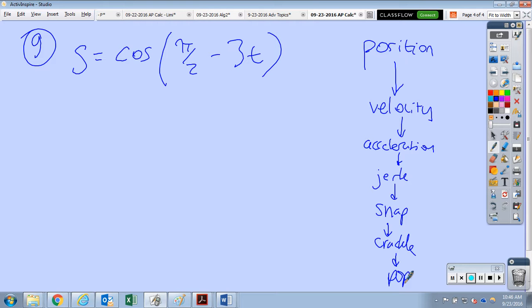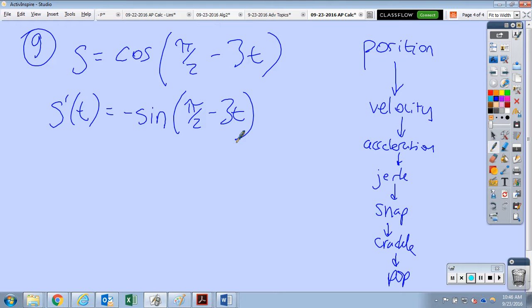So anyway, we're not going to go that far, but the derivative of this would give you velocity. So we know that s prime of t is equal to, okay, so here we go. The derivative of cosine in general is negative sine, leaving this alone, and then times the derivative of the inside, which is just negative 3.